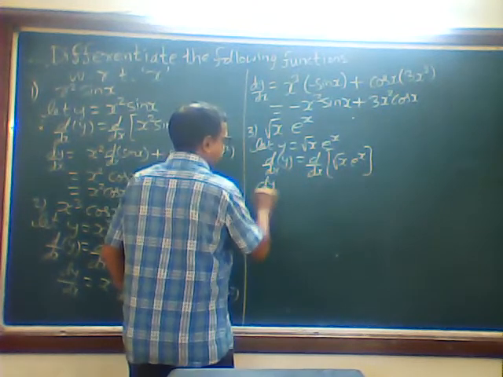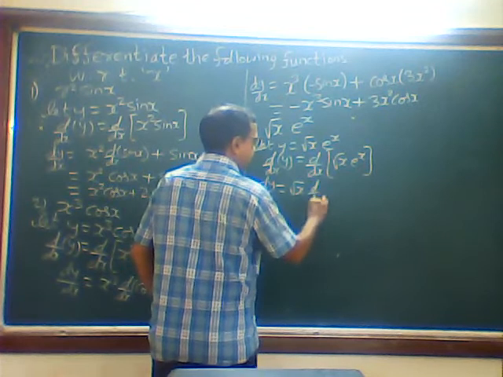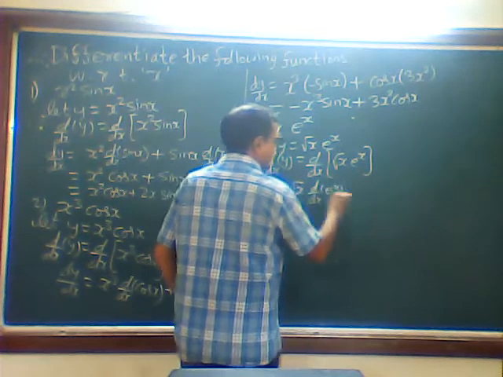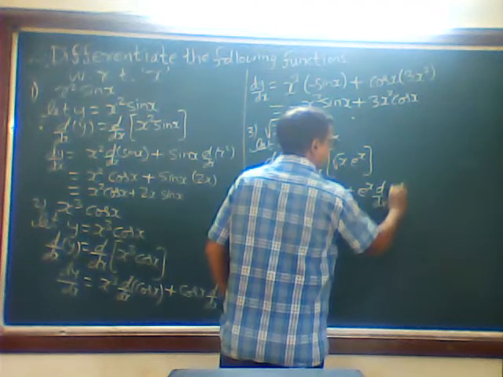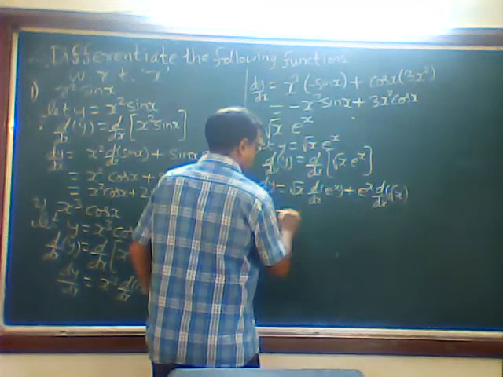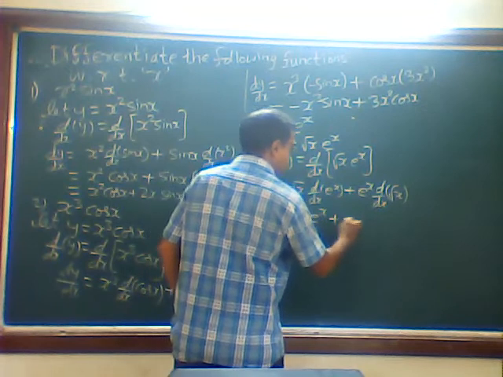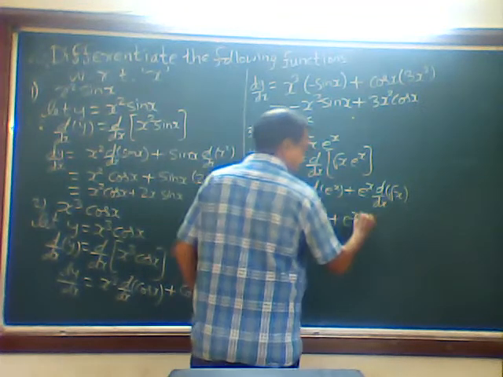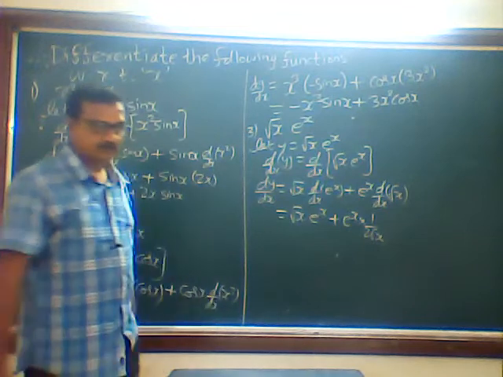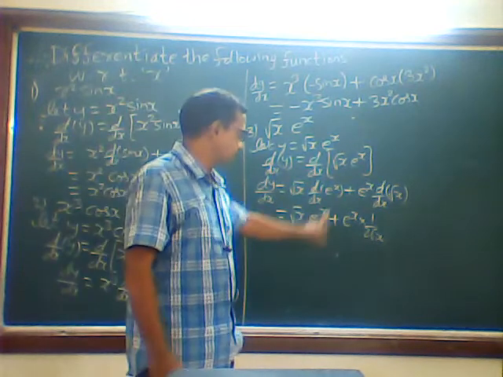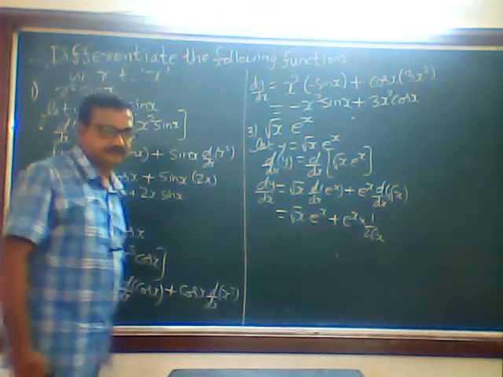Next again dy by dx is first term as it is, d by dx of second term, plus second term as it is, d by dx of root x. So root x as it is, d by dx of e raised to x is e raised to x, plus e raised to x as it is, d by dx of root x is what? 1 upon 2 root x. You can keep it as it is. Okay?